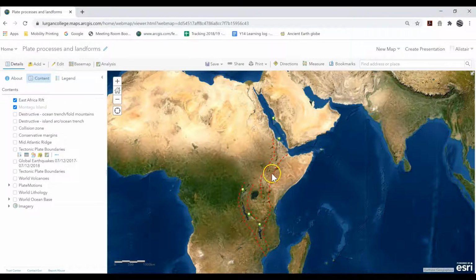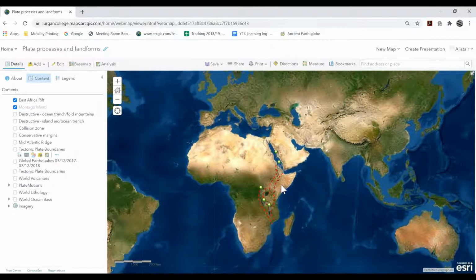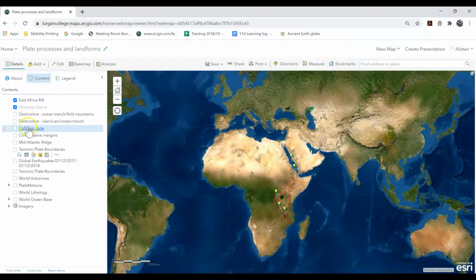And if we fast forward 30, 40, 50, 60 million years, we may well find that these linear lakes here have indeed become a linear sea, and we may well find that the Horn of Africa here has split off. So we're beginning to see that process of plate divergence. Well, these are still part of the same plate, but the very, very early stages perhaps of a new plate margin forming here, splitting this apart. And it's the same kind of process that probably took place whenever Pangaea was starting to split apart.